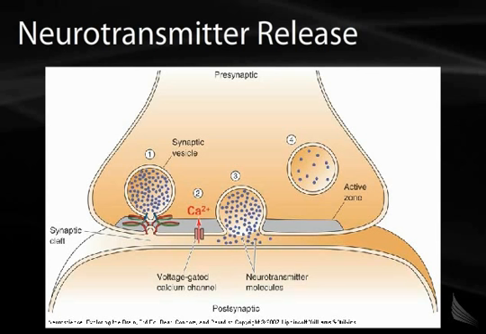So when the terminal depolarizes, these channels open, calcium rushes in. Calcium will bind to a particular kind of snare protein that will trigger the fusion of the presynaptic vesicle to the presynaptic membrane. Neurotransmitter will get released, and that neurotransmitter will cause some response on the postsynaptic cell.